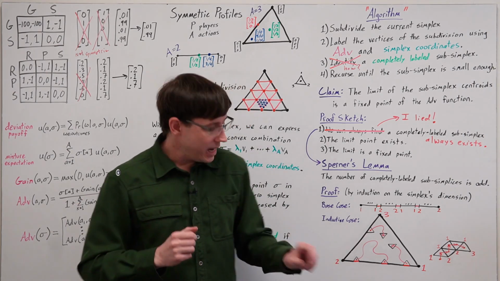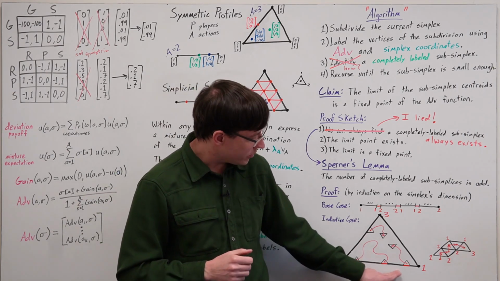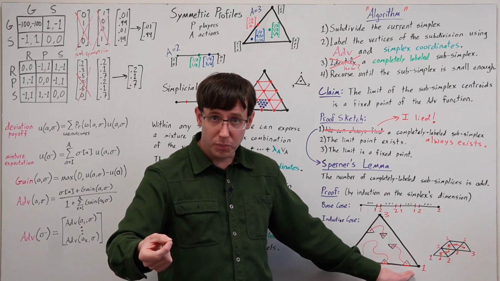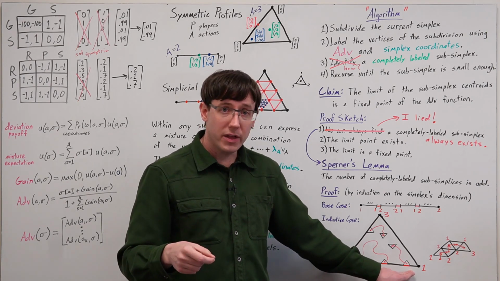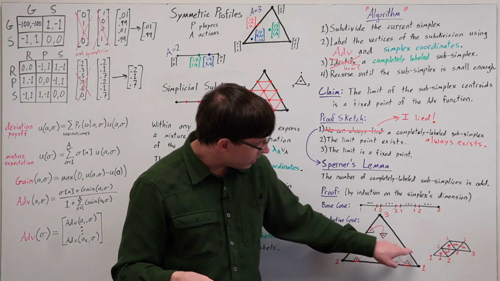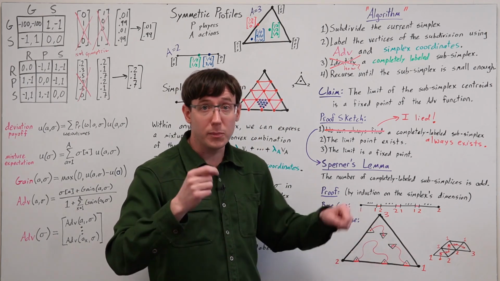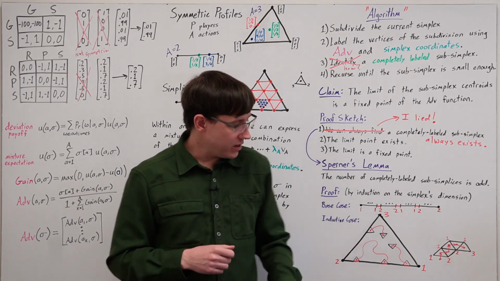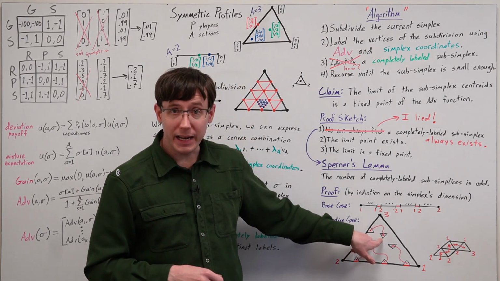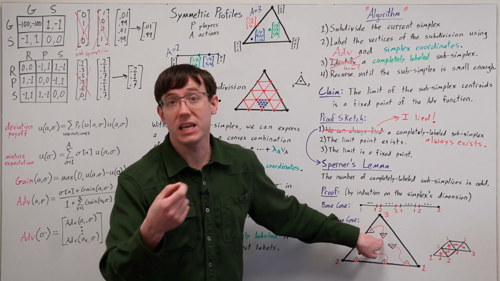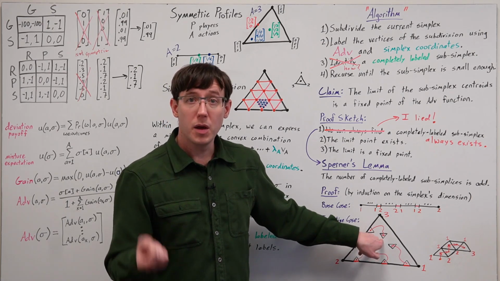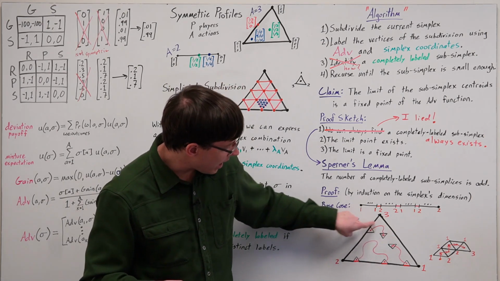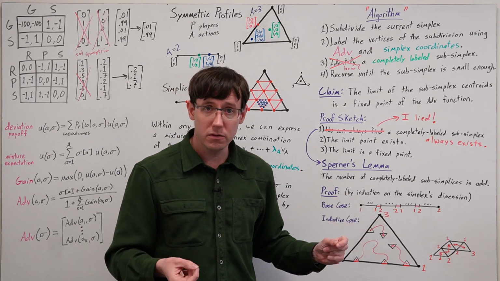Our argument was that if we have an odd number of completely labeled n simplices on the face, then at least one of them must lead us on a walk that finds a completely labeled n+1 simplex. And our argument said that if there are other completely labeled subsimplices, there must be an even number of them. But it didn't tell us anything about how to find these other ones.